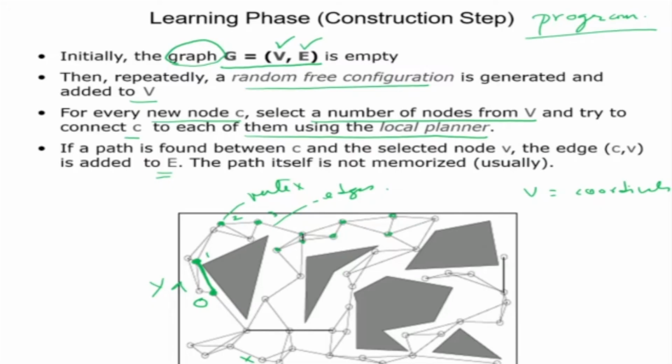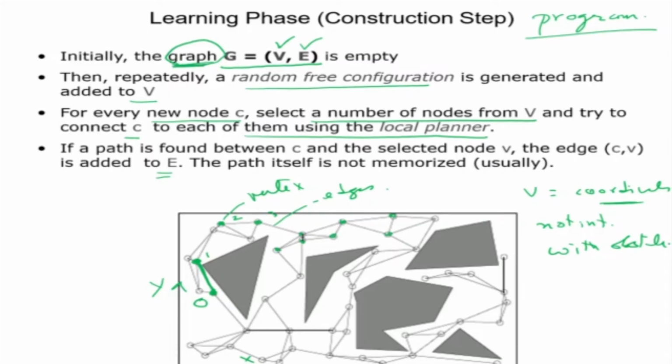Now we start off by populating the V, the vertices. Vertices mean basically the coordinates of those points which are possible, not intersecting with the obstacle. So coordinate not intersecting with obstacle. And then we connect these 2 points by edges, and we connect this graph, and then we keep adding onto this graph.